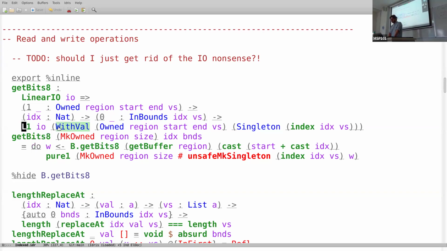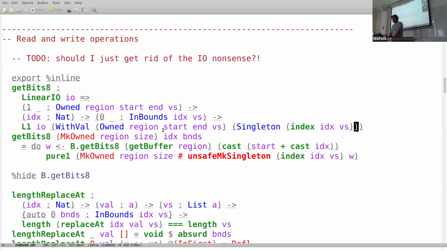What we get back is the proof that we still own the slice because it was consumed by this function, together with a singleton type, which tells us that we get a runtime value that corresponds to whatever the singleton is indexed by. So we'll get a byte, which corresponds to the byte that's actually at index IDX in these.